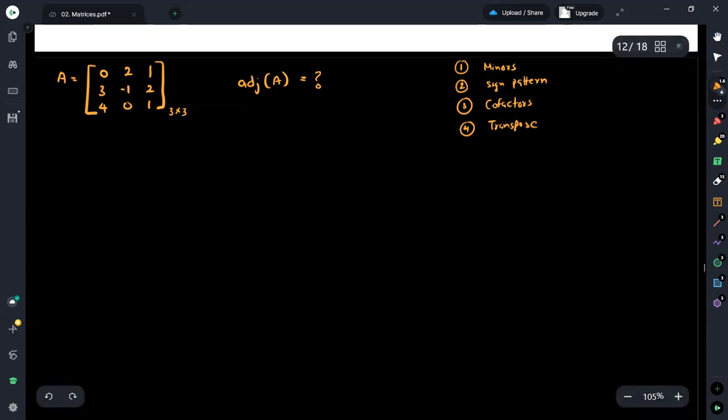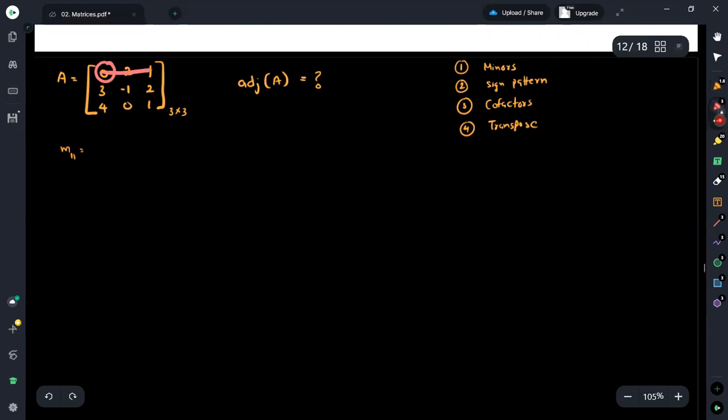Here the matrix has 9 elements altogether. Therefore, there should be 9 minors associated with this matrix. If I write down the minors, it is M11. M11 means the first row, first column element.